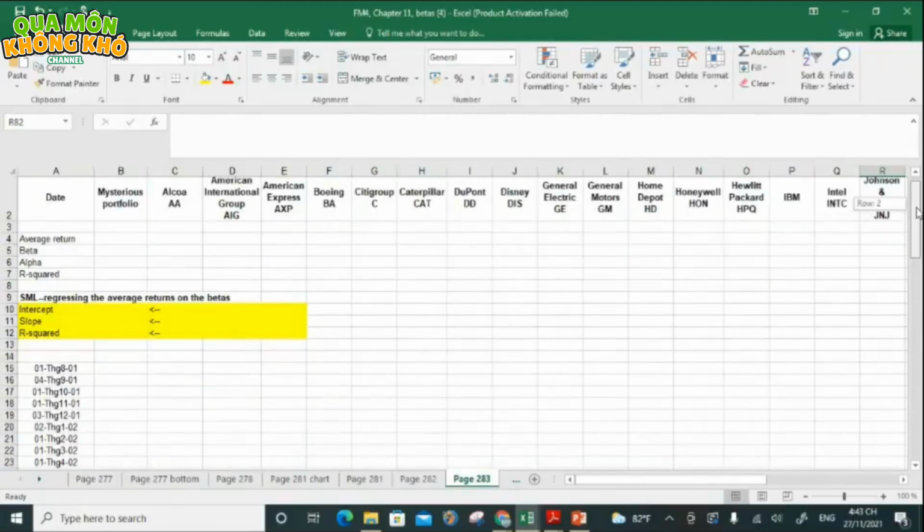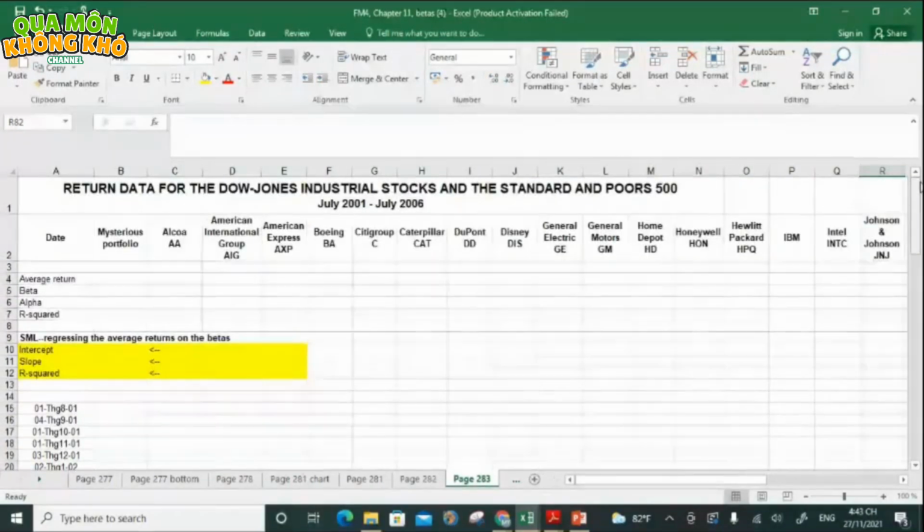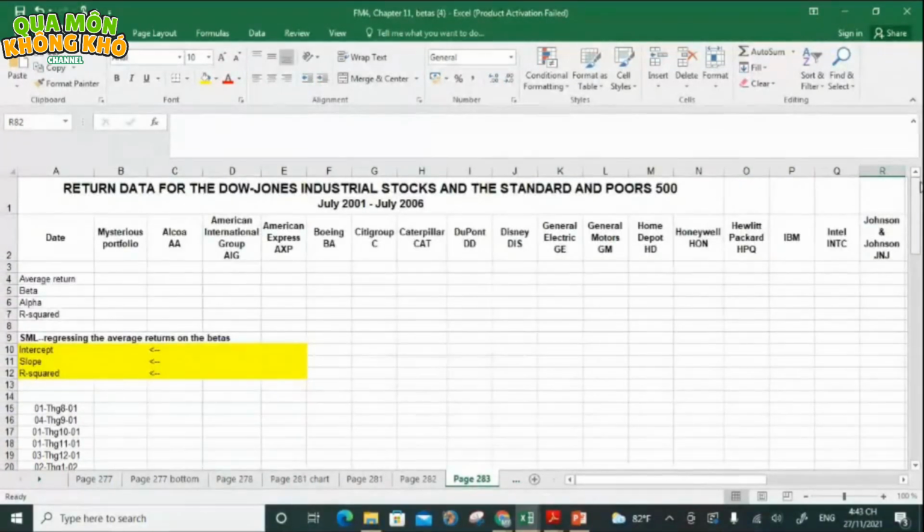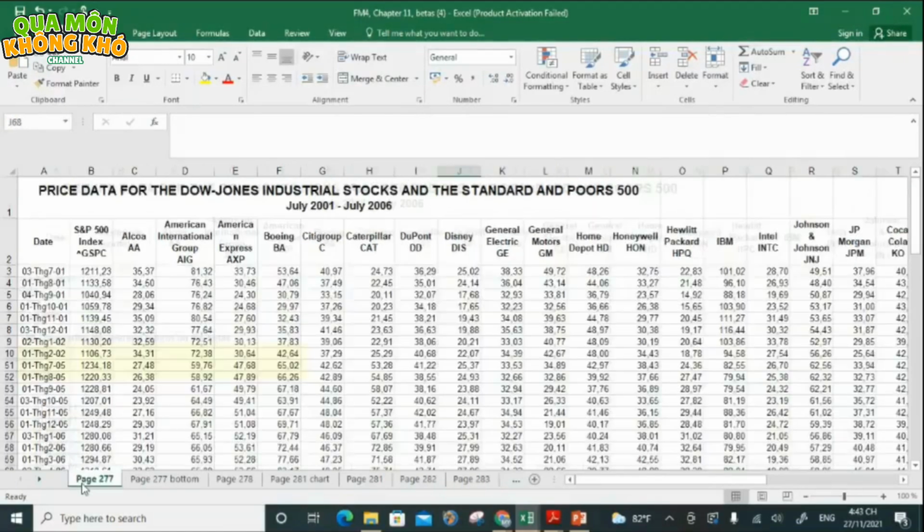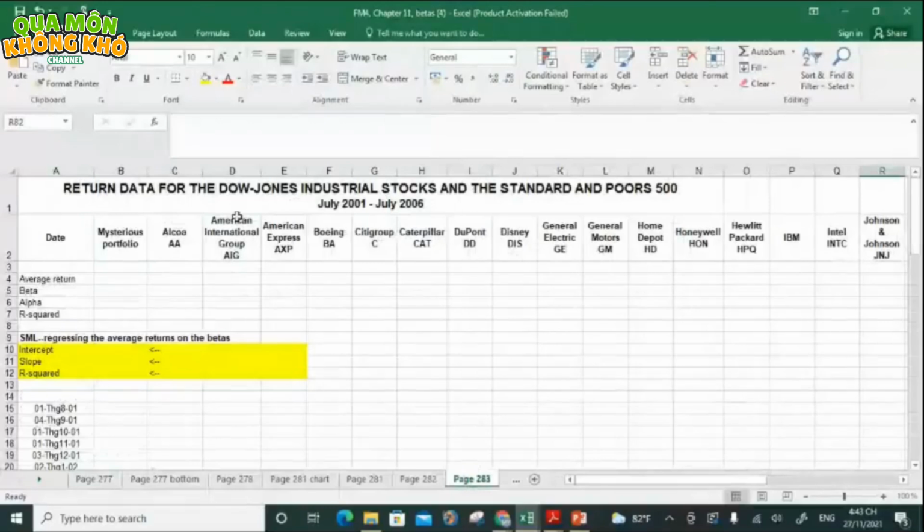Here, as the teacher has mentioned, we have some problems with the capital asset pricing model. So now I will create a mysterious portfolio, which is efficient with respect to the Dow Jones 30 stocks, the 30 stocks right here.